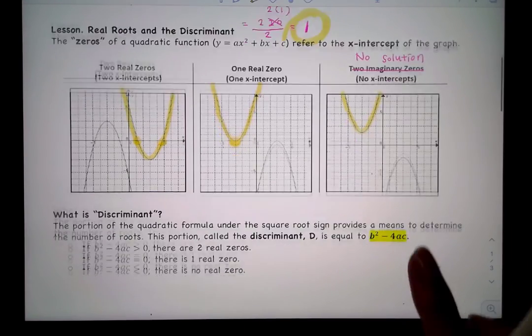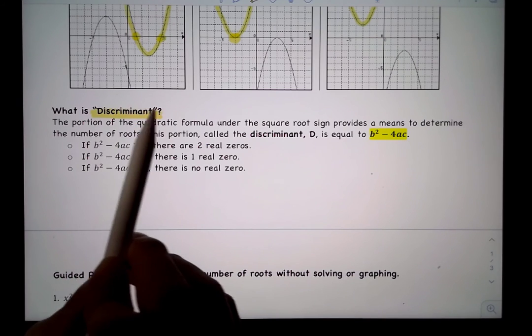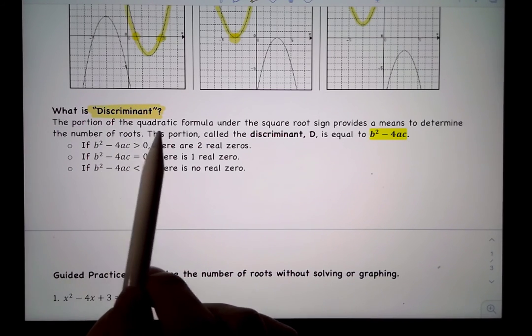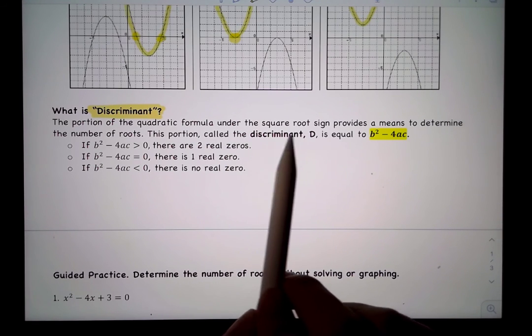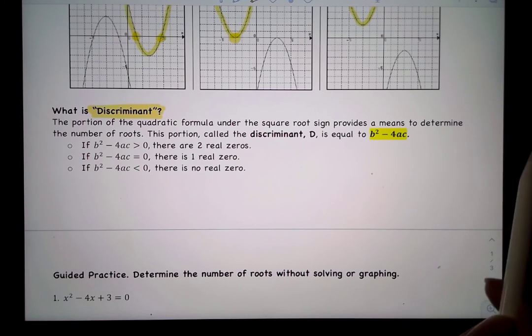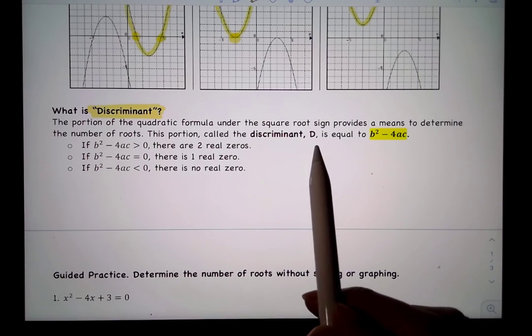Like this. And then look, what is the discriminant? So this is a new term for today, discriminant. That is the portion of the quadratic formula under the square root sign that provides a means to determine the number of roots. So the portion is called the discriminant.